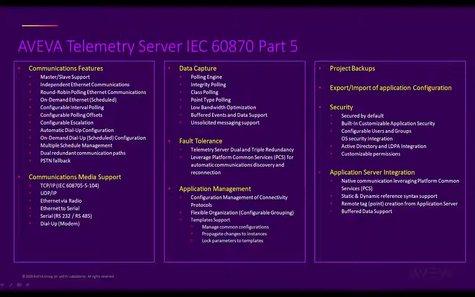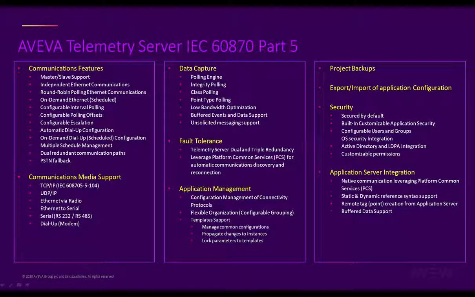First, AVEVA Telemetry Server supports both 60870 Part 5-101 for data transmission over serial connections and Part 5-104 for data transmission over TCP/IP connections. Once connected, users of IEC 60870 Part 5 can take advantage of master-slave implementation, both between nodes and within a single node.